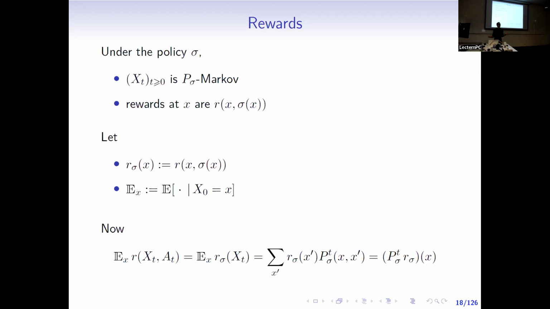I know how to do that, just looking at the time t distribution. And to get the time t distribution, I just take powers of the matrix. So P^t is P multiplied by itself t times. That gives me the time t distributions. Okay, so I'm just integrating or summing with respect to that time t distribution. And in the last equality, I'm writing that using matrix notation.